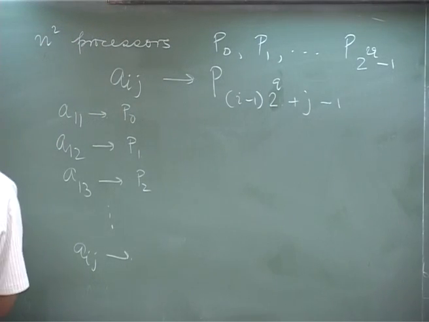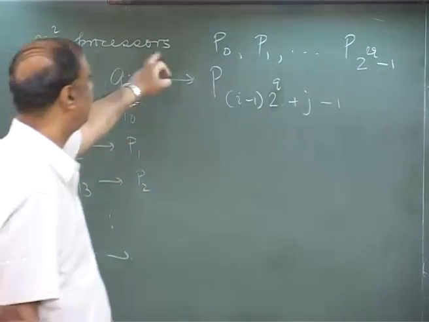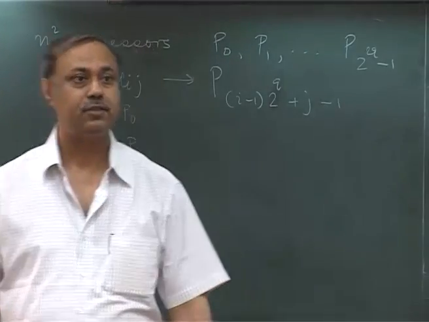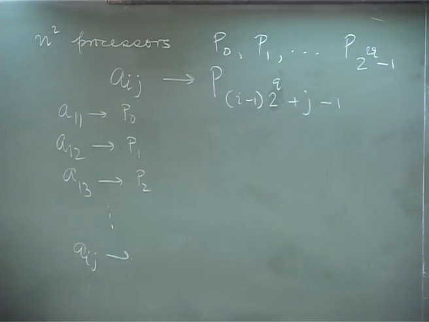Because it's n square processors, so 2 to the power 2q is n square, so 2 to the power q is n.